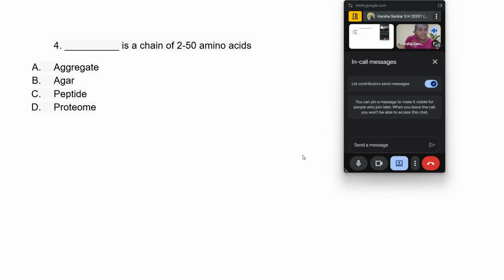More than 50 amino acids, then it will be a protein. Less than 50, it will be a peptide. We cannot say it is a protein. So do you know what is the protein which contains 51 amino acids? That is one of the proteins that was first identified.